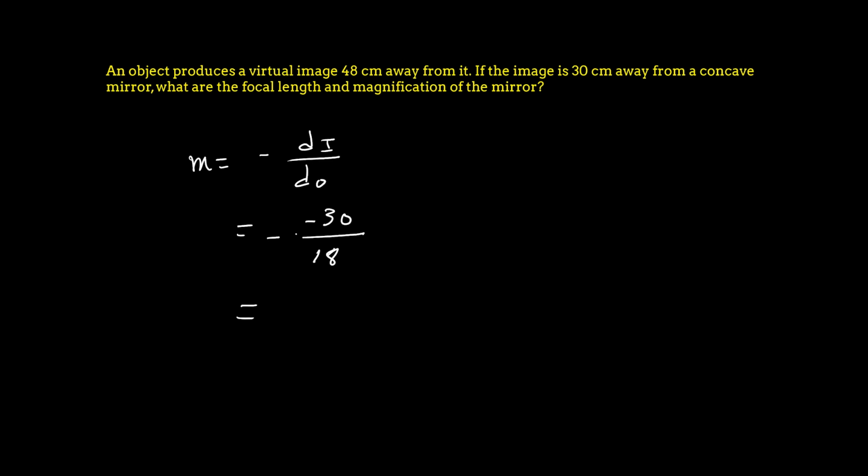So the negatives cancel, and let's divide by 6 top and bottom. So this is 5/3. Magnification is a bit bigger, so the image is a bit bigger than the object. This is basically 1.6667.